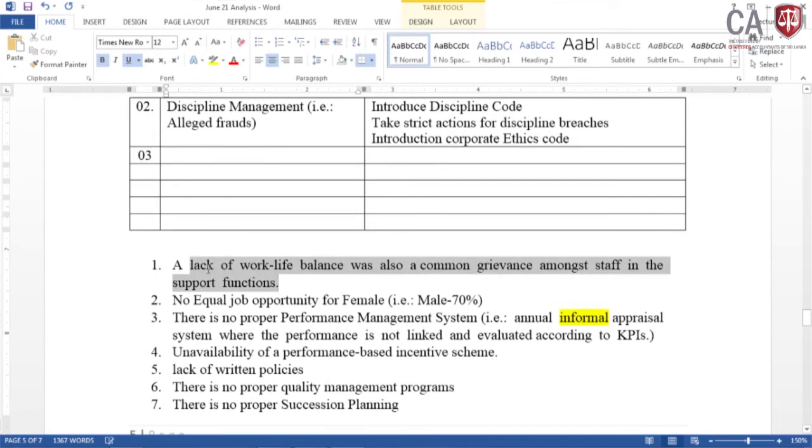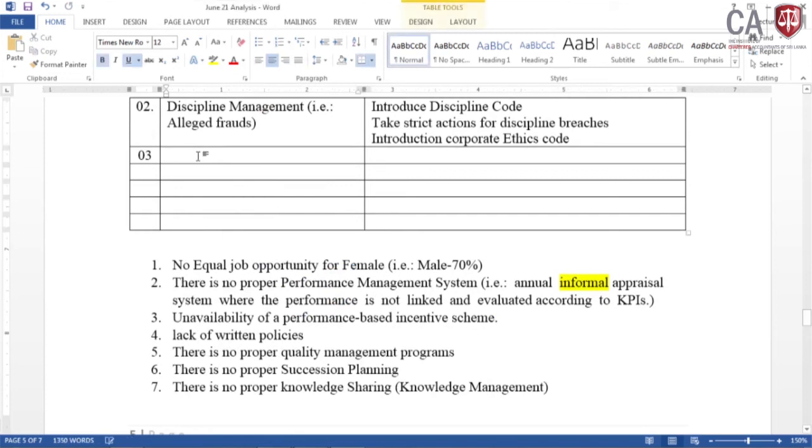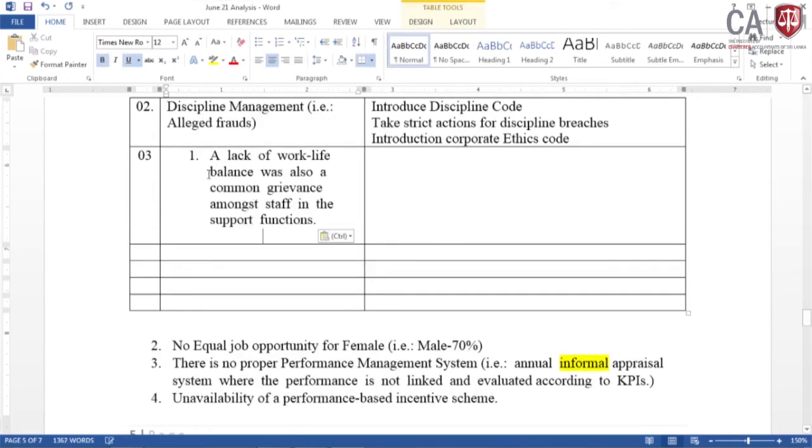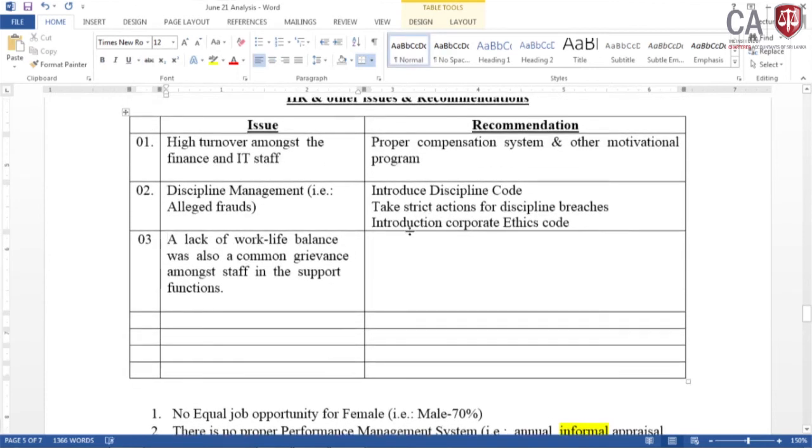Then what do you think about a lack of work life balance, or common grievance among staff in the support functions? So, what is the solution on this one?